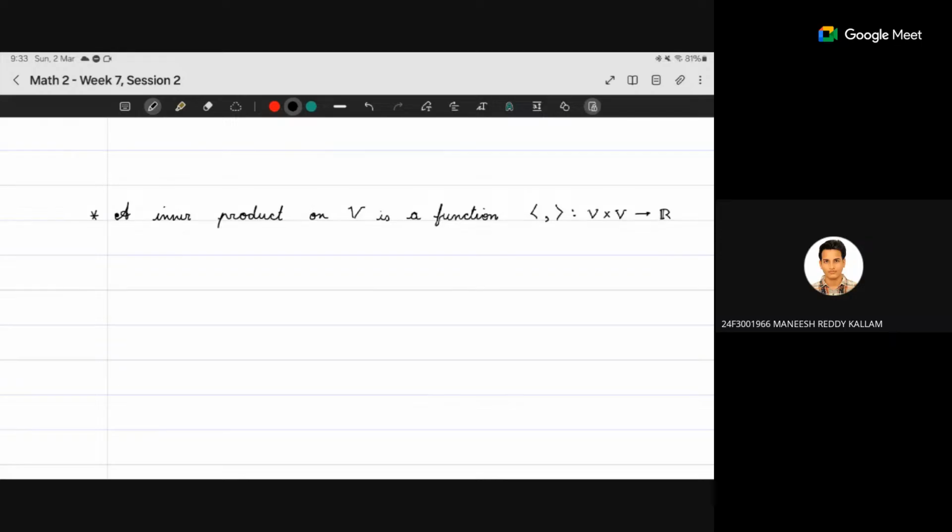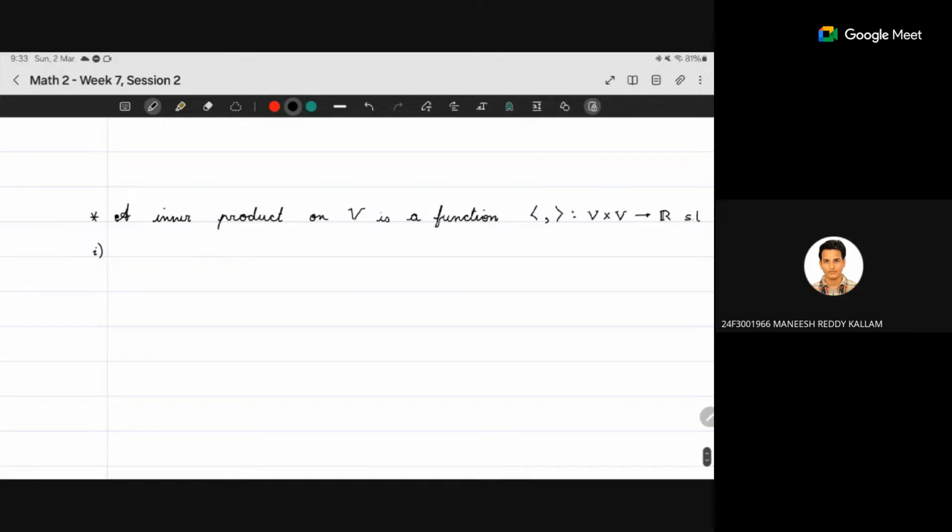Whenever you have a doubt, you just think of the dot product. What does it do? It takes two vectors in Rn, you do u dot v, and get a real number. Similarly, an inner product is a general function which operates on two vectors to give a real number, such that, now, not any function from V cross V to R is an inner product.